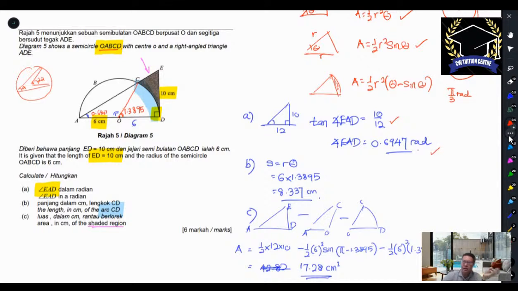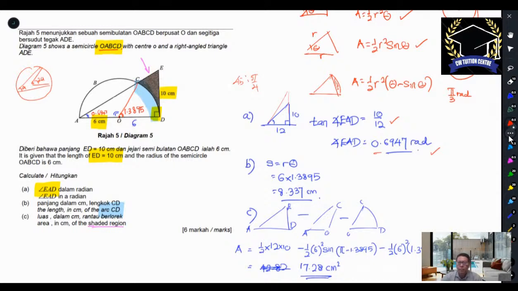The answer must be less than 45 degrees by looking at this diagram. It is less than 45 degrees, so the angle is reasonable. You can check again using a calculator, or you can roughly know that 45 degrees is pi over 4, which is about 0.78, so the number is reasonable.